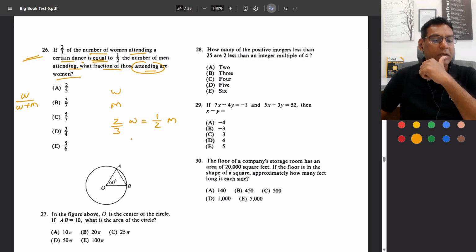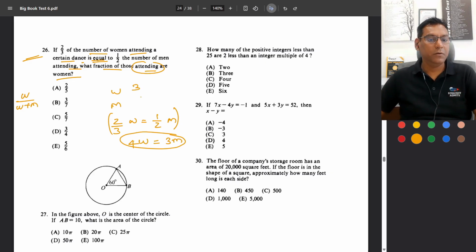Okay, so that means, can I pick some number here to make this equal? Let's say 4W is equal to 3M. So let's say there are 3 women attending, 4 men attending.